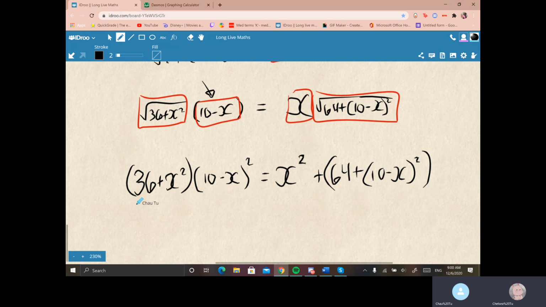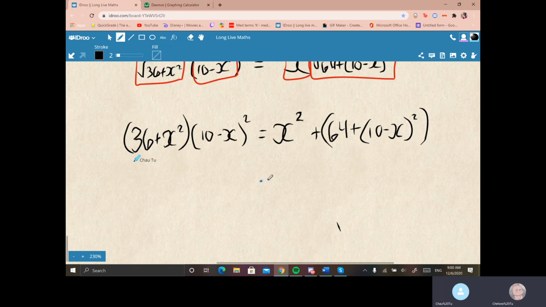Oh, why is there a plus there, Chelsea? Why is there a plus there? Because when you square that, yeah, that looks right. Okay. So now, it's going to get messy.